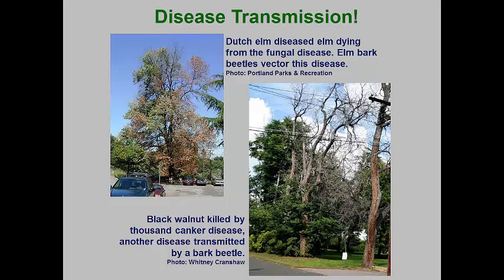Most recently, another fungus disease has been found killing walnuts and hickories. This has been named the thousand cankers disease, and it appears to be transmitted by the walnut twig beetle. Management of both diseases usually entails trying to minimize the bark beetle populations in an attempt to stop disease transmission.